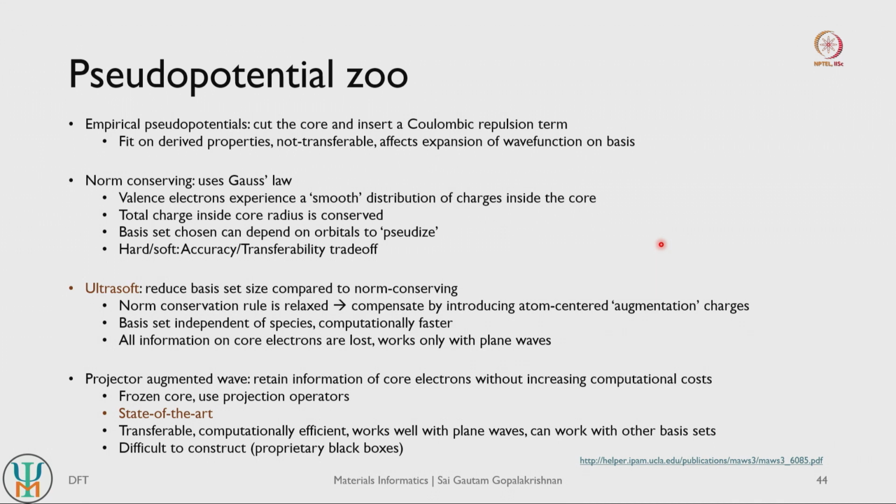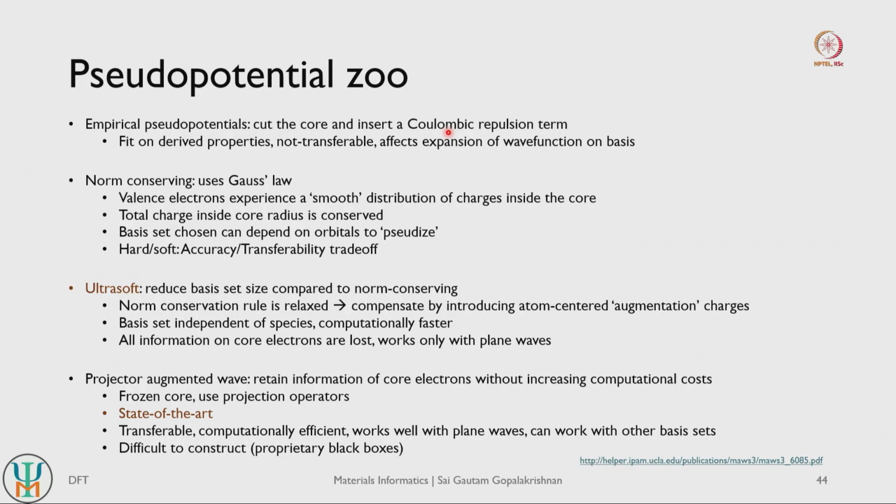So pseudo potentials are a purely mathematical construction. They are designed to reduce our computational load when we do a typical DFT calculation, and since they are a purely mathematical construction, there are a whole zoo of them, right. The first ones are what are referred to as empirical pseudo potentials. So here you simply cut out the core itself and then insert a simple Coulombic repulsion term, where the Coulombic repulsion term comes in with the effective charge.